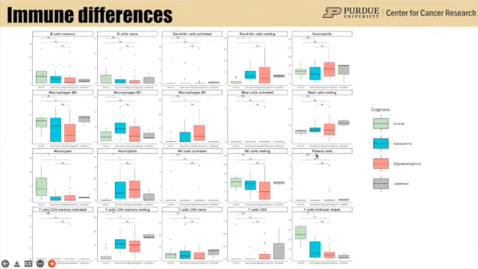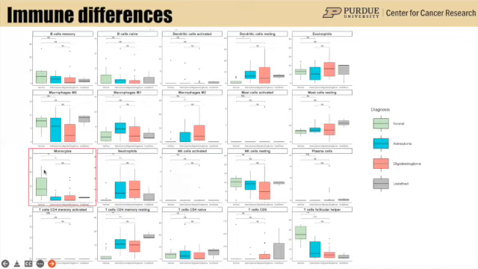So we did look at whether there were immune cell proportion differences between astrocytomas and oligodendrogliomas. Overall, we don't see much difference. We again are seeing the differences, for example, between proportions of M2 macrophages between normal and gliomas, but not so much between oligo and astro.